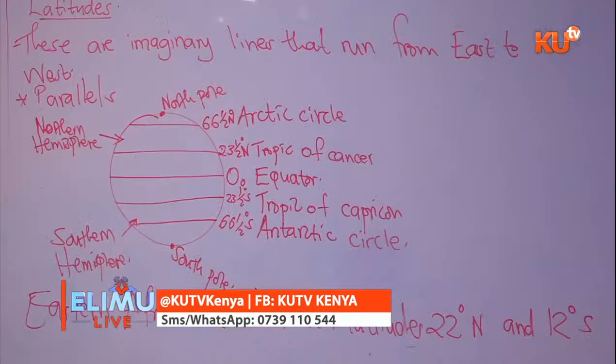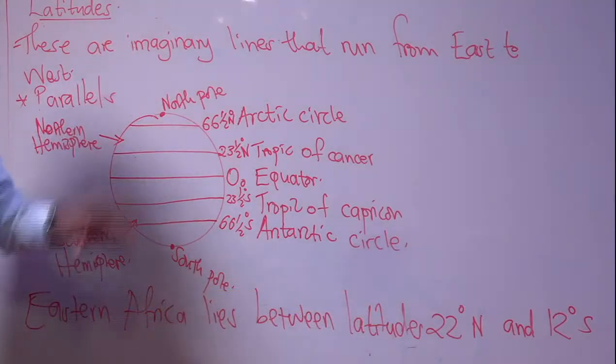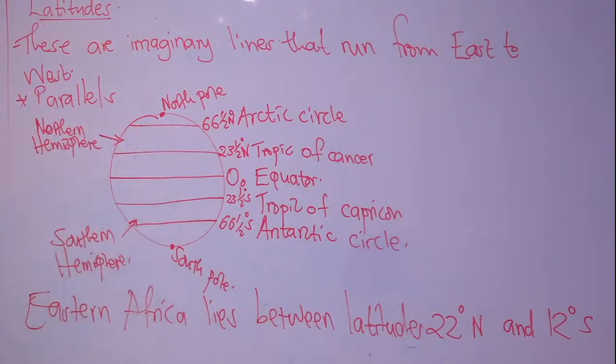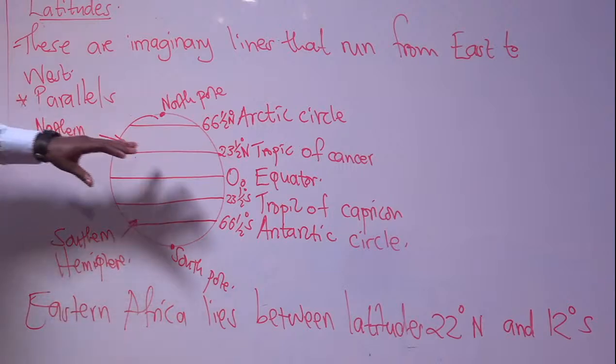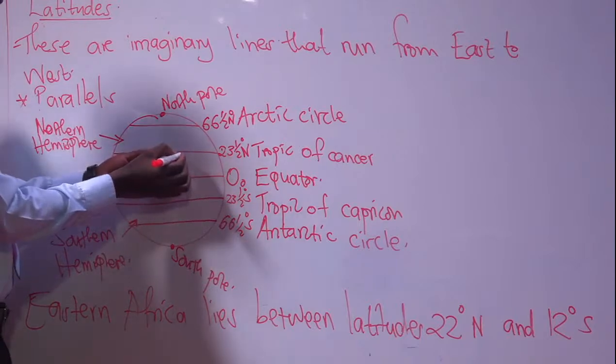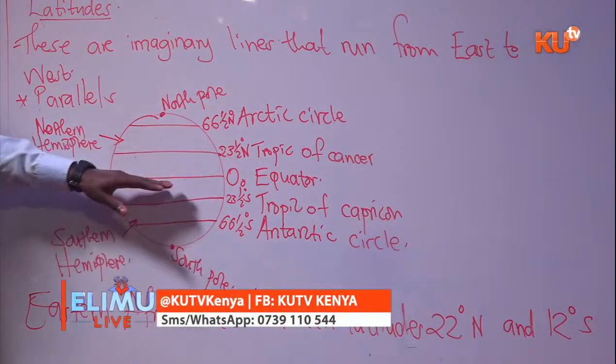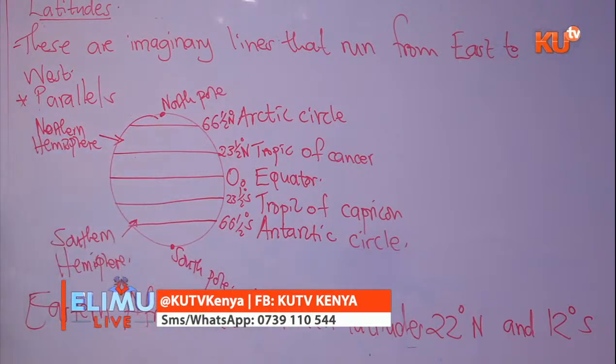What does this tell you? It tells you that Eastern Africa lies along the equator and not on the tropics. To the north, it is near the Tropic of Cancer, but it doesn't get to the Tropic of Cancer. And to the south, it doesn't get to the Tropic of Capricorn.